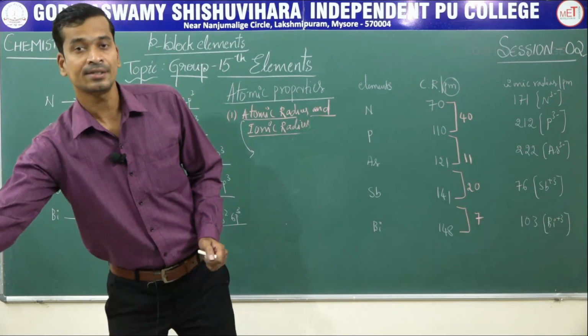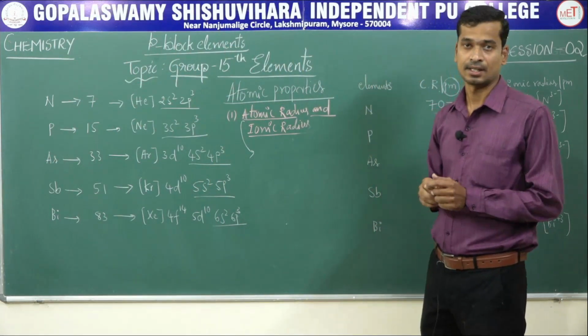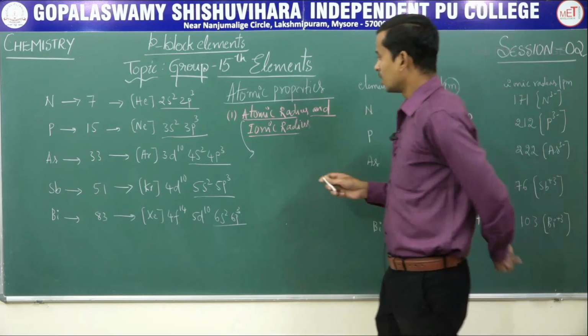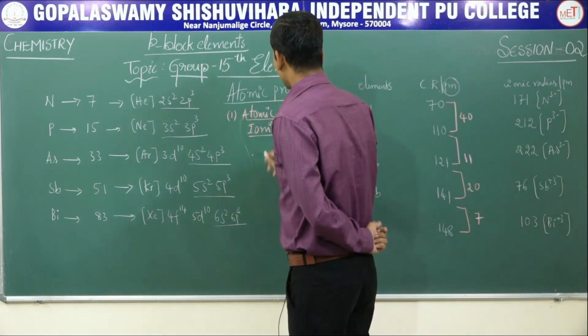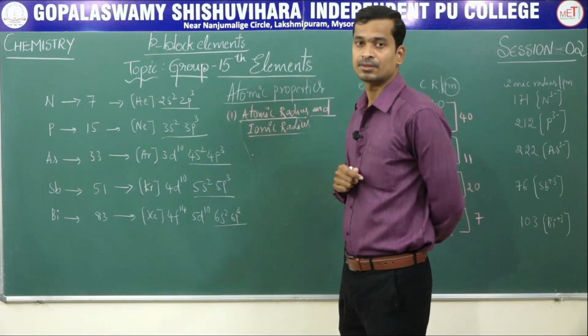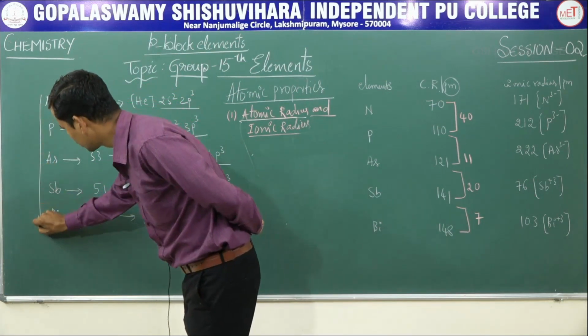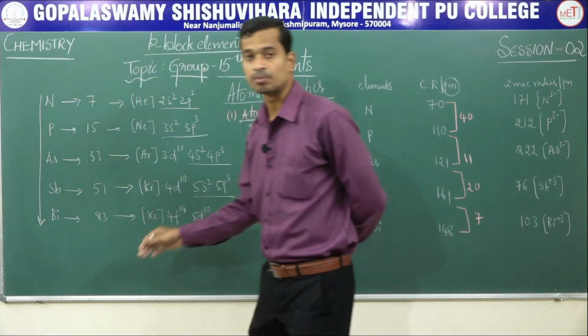The atomic radius is considered as a covalent radius in bonded state. Clear?